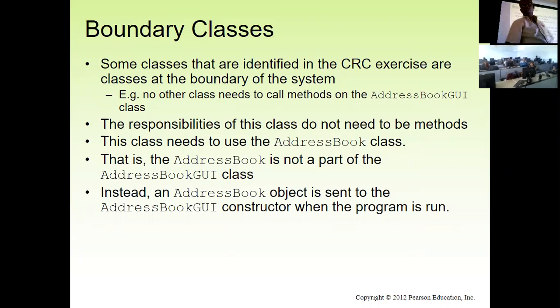That is, the address book is not part of the address book GUI class. So what ends up happening in the address book GUI is that it invokes the methods that are associated with the address book. So it uses the address book class. All right. So you don't need to actually implement the things that it's going to be doing, but rather make sure they are accessible or can be invoked. Yes.